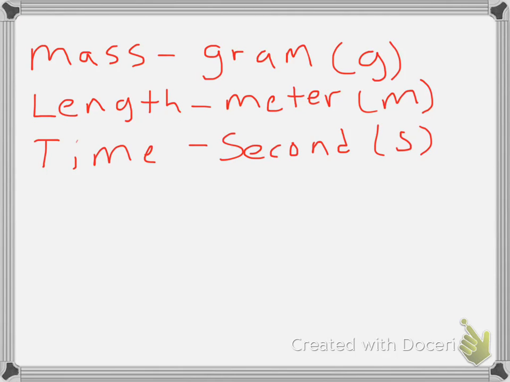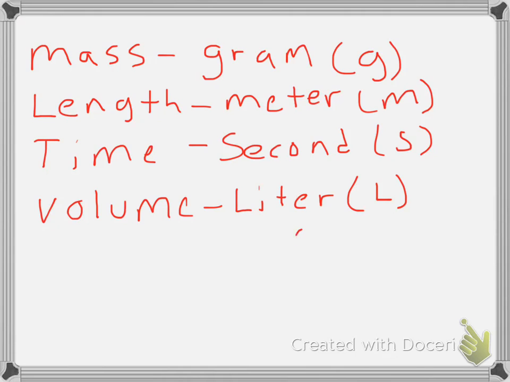And then let's go ahead and use volume. For volume, it's the liter, abbreviated as a big L, or a lot of times, which is probably more correct, the cubic decimeter.